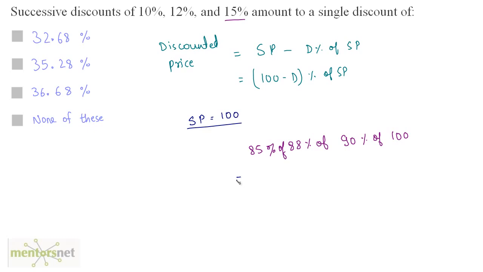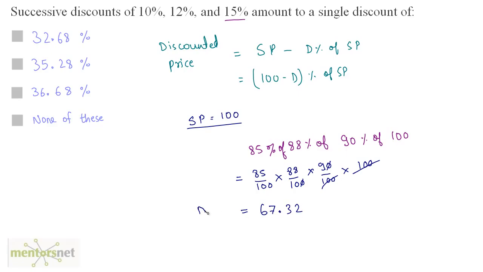So I can write this as 85 upon 100 times 88 upon 100 times 90 upon 100 times again this 100. So this 100 gets cancelled out, this 0 and this 0 get cancelled out, and when you solve this you will get 67.32.